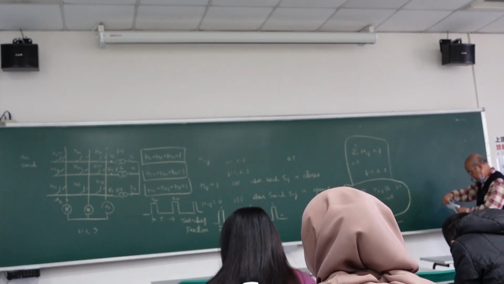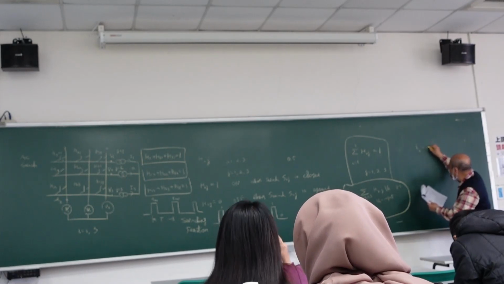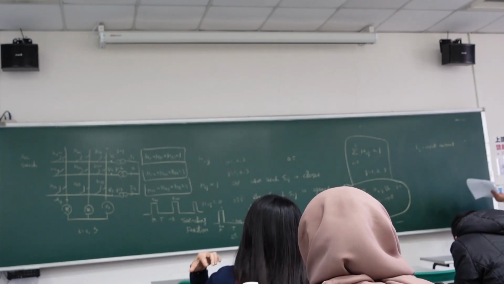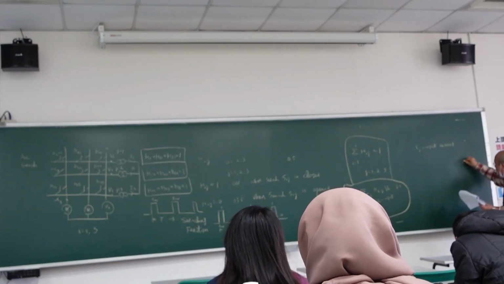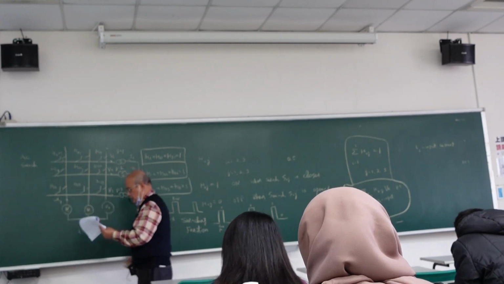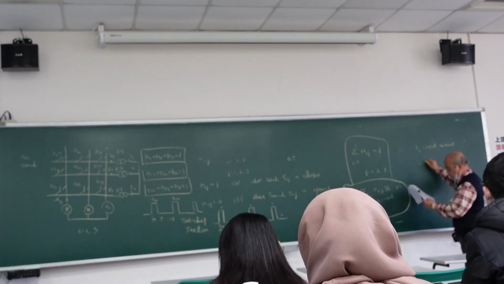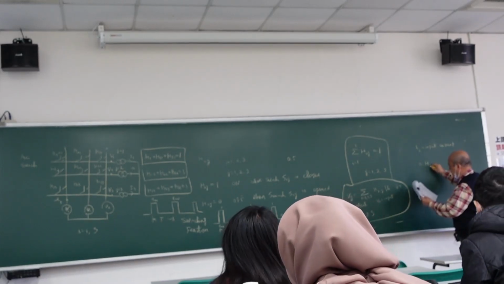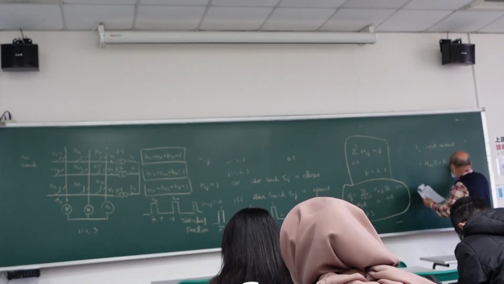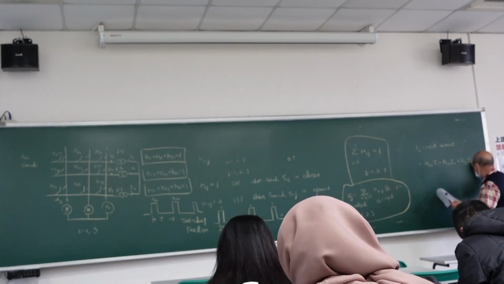So we want to write down the current. So the current is Ii. It is input current. So first I equal to 1. So this line I equal to 1. So what is the input current? It is equal to H11 I1 plus H12 I2 plus H13 I3.